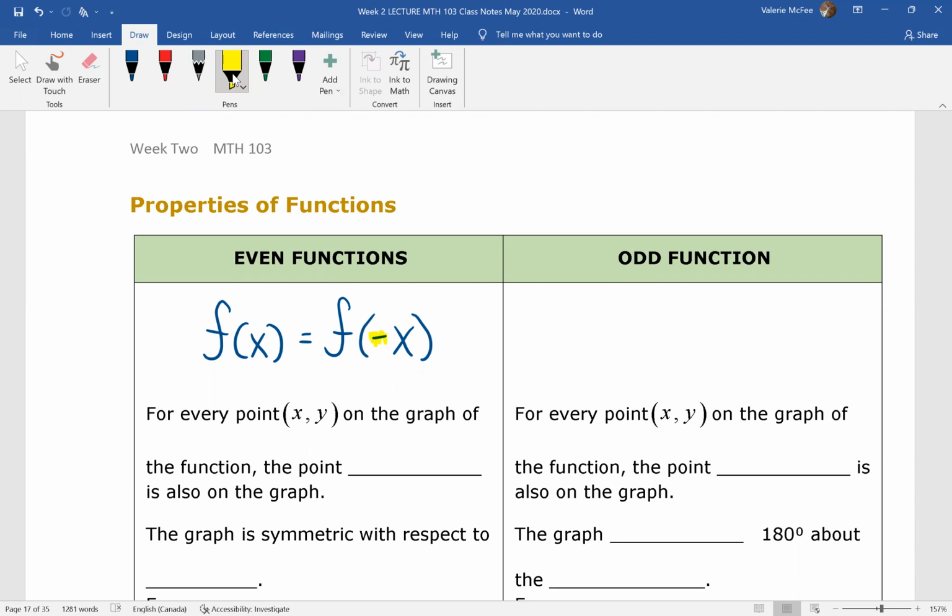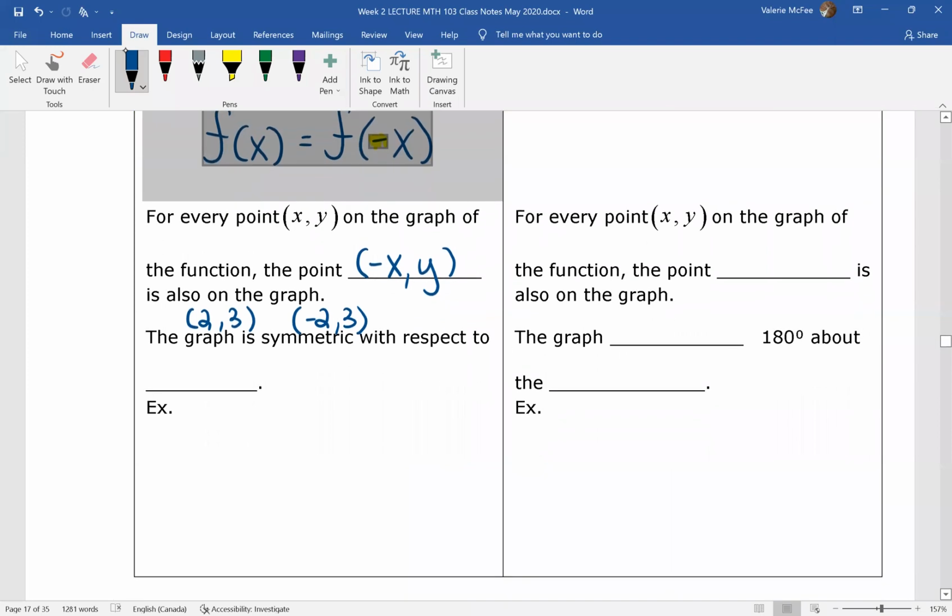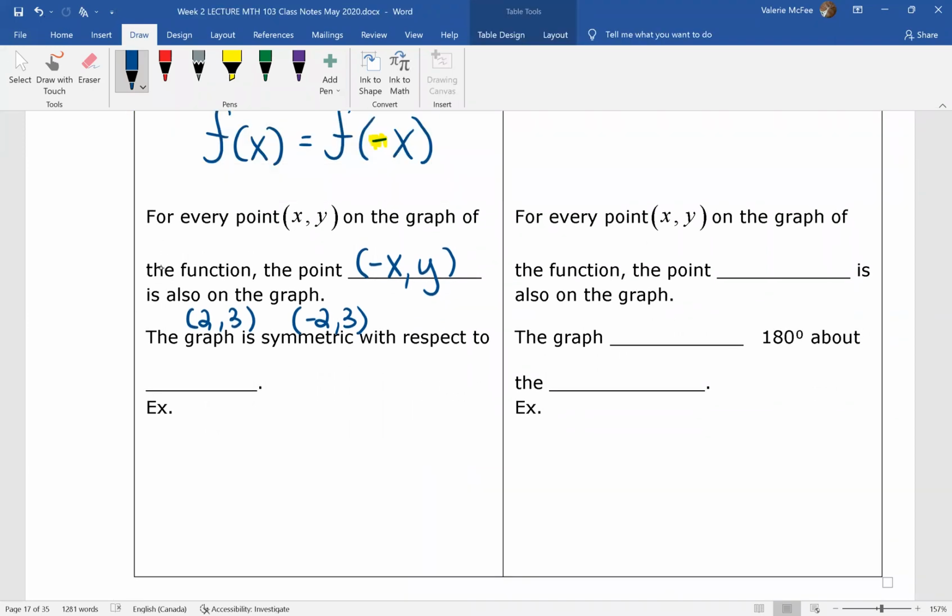So for every point, every ordered pair x, y on the graph of the function, the point negative x, y is also on the graph. So that means, for example, if we have the point 2, 3, then we will have the point negative 2, 3. This graph is always going to be symmetric with respect to the y-axis.